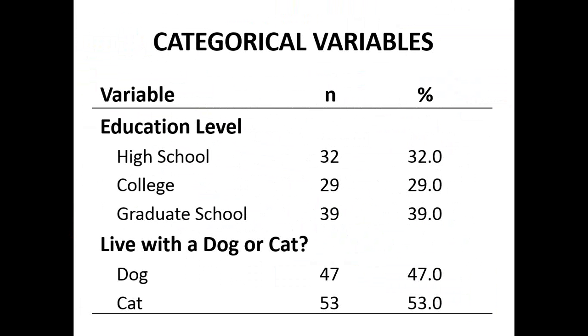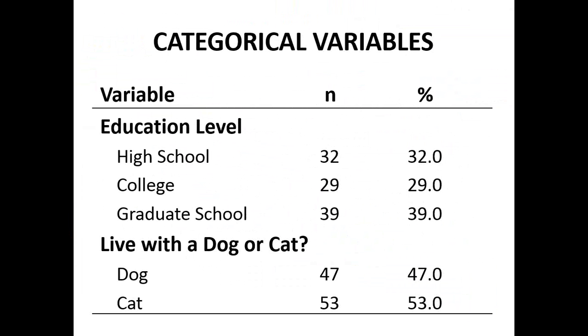Then we have our categorical variables, right, run the same way in our frequencies, except this time you get the breakdown by the number and percentage. So education level, we see for high school there's 32, which is 32%. Their highest education level is high school. The next college, right, so it's 29% at college level.